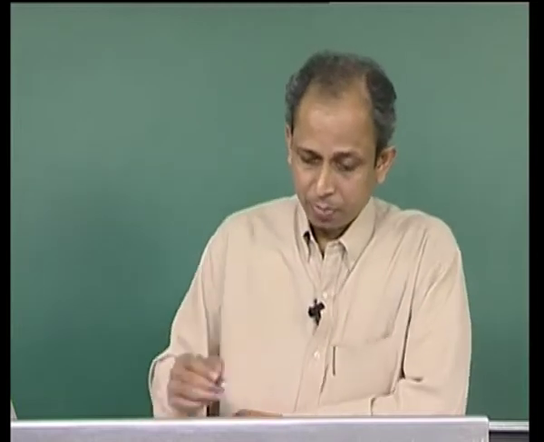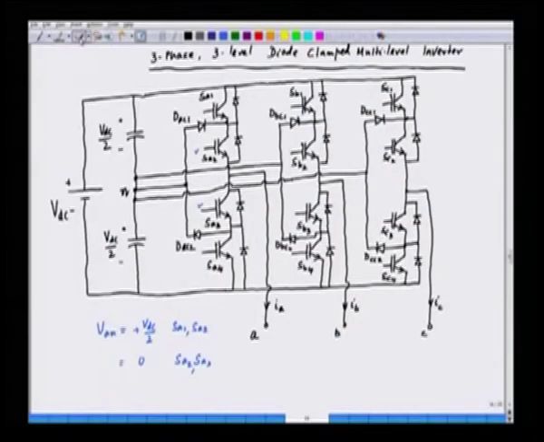Now, let us say that we switch on SA3 and SA4. Clearly, VAN, this voltage A with respect to the neutral point, would be minus VDC by 2.